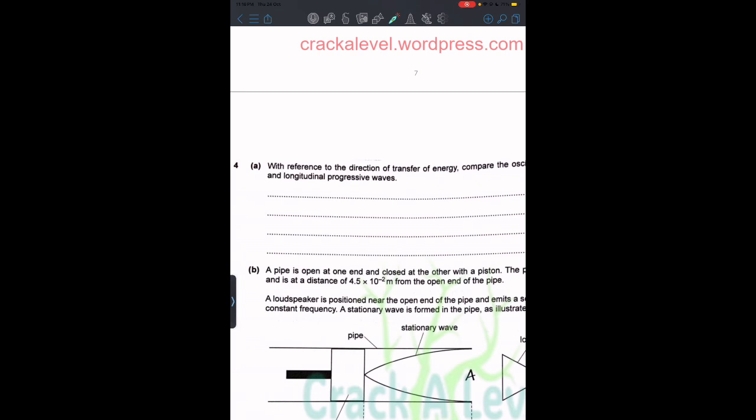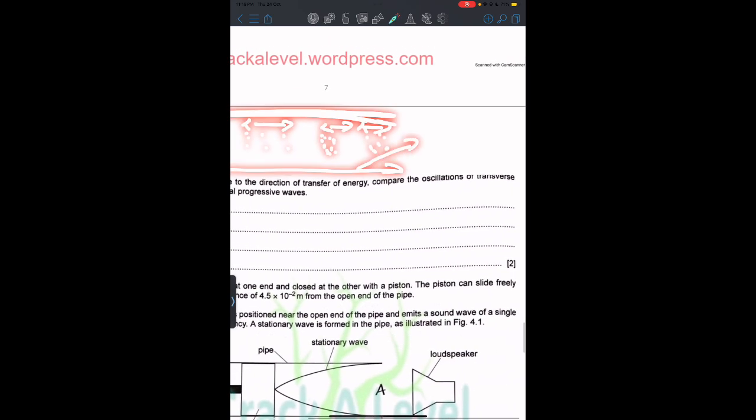However, if you look at a sound wave, you have compression, then rarefaction, then compression, and then rarefaction. All particles are oscillating in this direction, left right left right, and your energy is also being transferred in this direction.